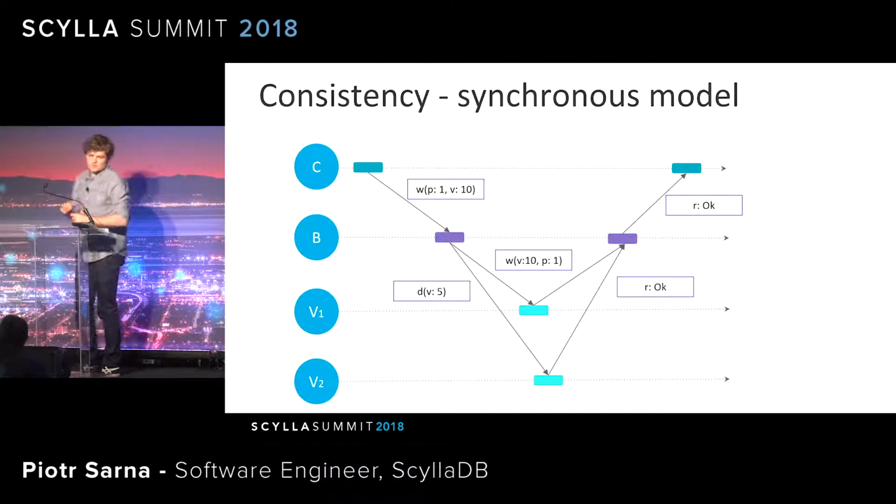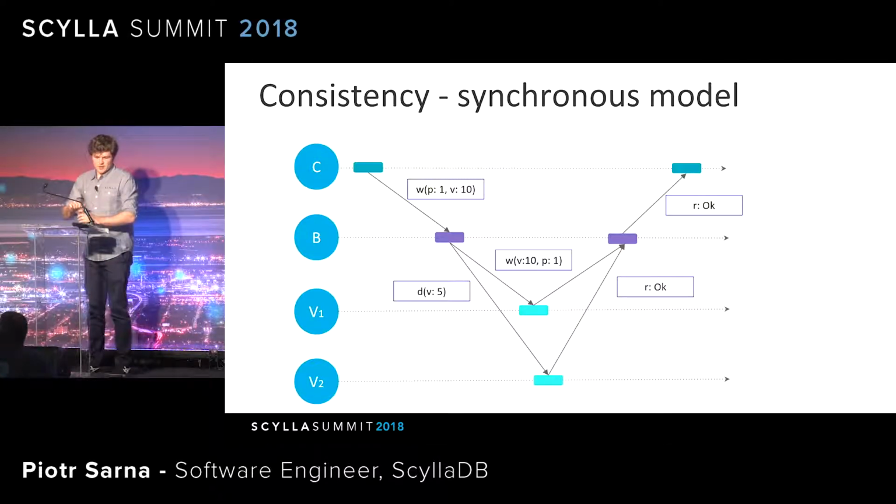So at first, coordinator sends a write request to the base replica, which then, after acknowledging the write, generates the view updates, one delete operation and one write operation. Then after the view replicas finish, it's reported back to the base replica, and base reports back to coordinator.